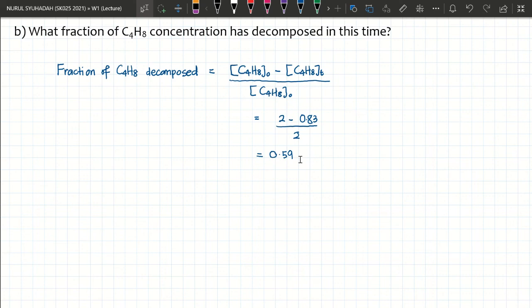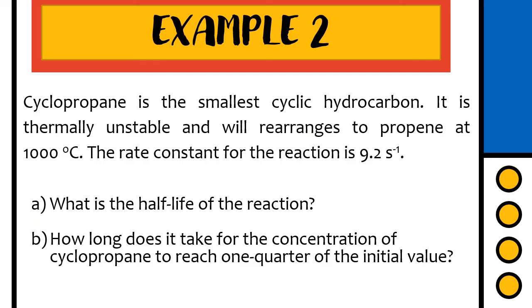Now let's look at example number 2. Cyclopropane is the smallest cyclic hydrocarbon.